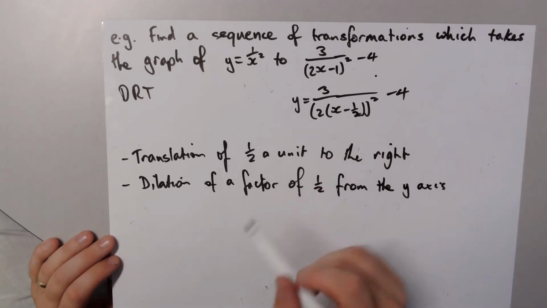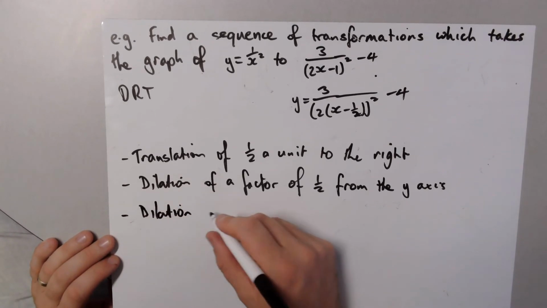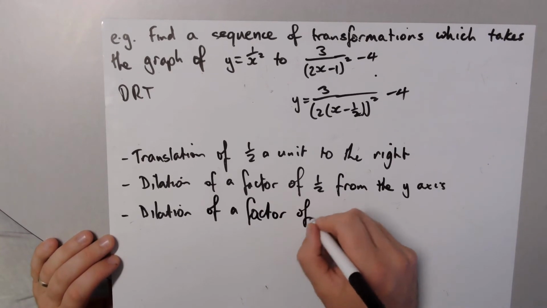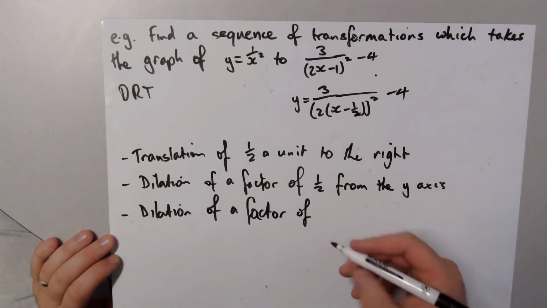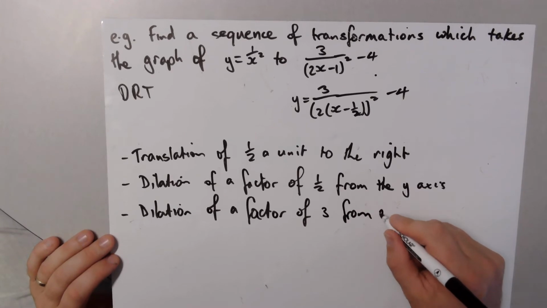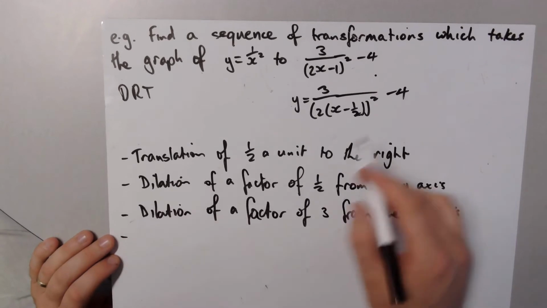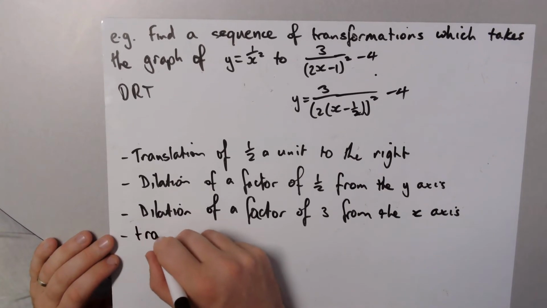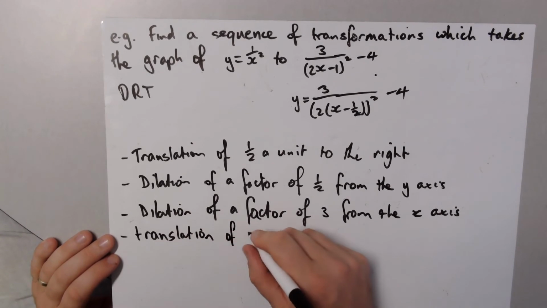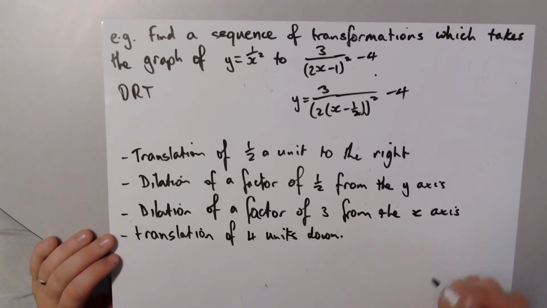Now we've also had a dilation of a factor of 3, that's coming from our numerator up here, from the x-axis. And we've also had this translation of 4 units down, or in the negative y direction.